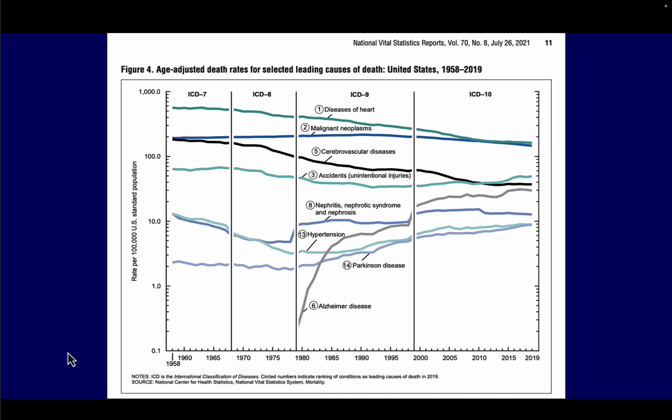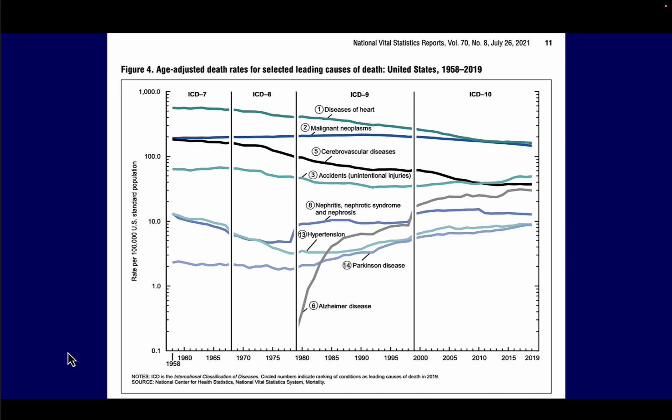One of the things to note here, you can see the vertical bars that show the ICD coding systems, the International Classification of Disease coding systems that were in place at the time of the death certificates were coded, and where they changed over time, because there are revisions to the ICD coding system.